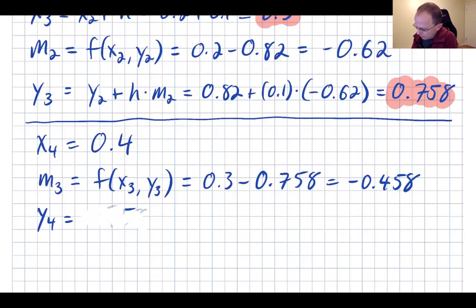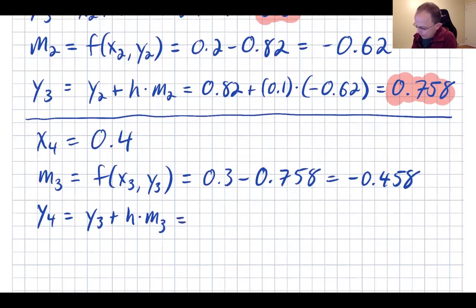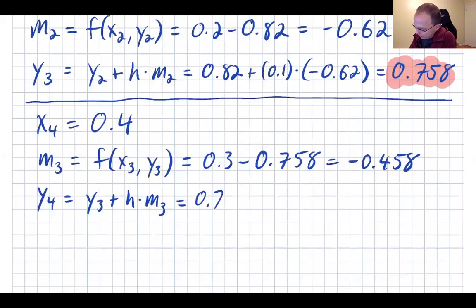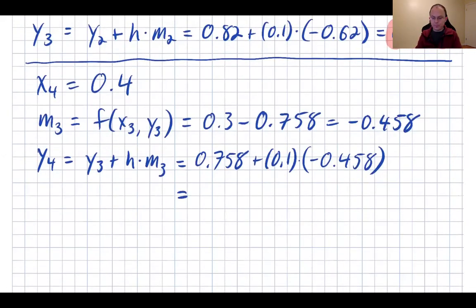Maybe, so let me write down the formula first. y3 plus h times this slope, and that is equal to 0.758 plus 0.1 times negative 0.458. Okay, so that is going to be 0.7122.